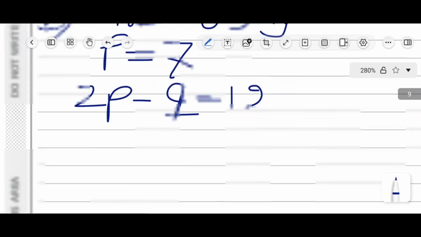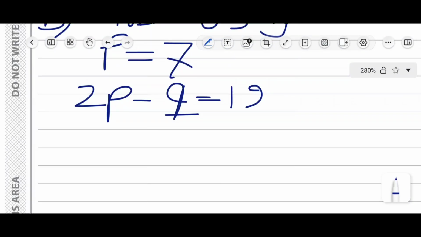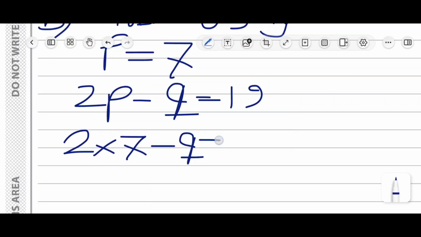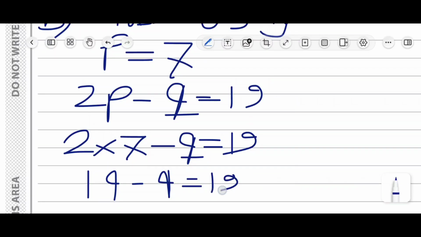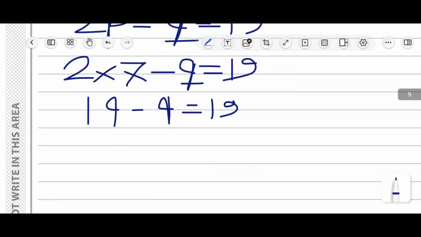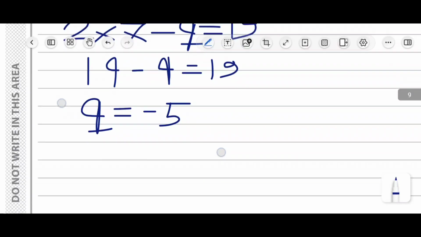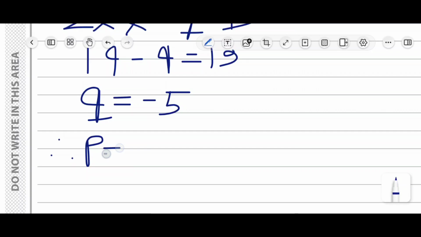Because of it, first of all, you have to find q. So 2 into 7 minus q equals 19. It's 14 minus q equals 19. If you solve it, we get q equals minus 5. So p equals 7 and q equals minus 5.